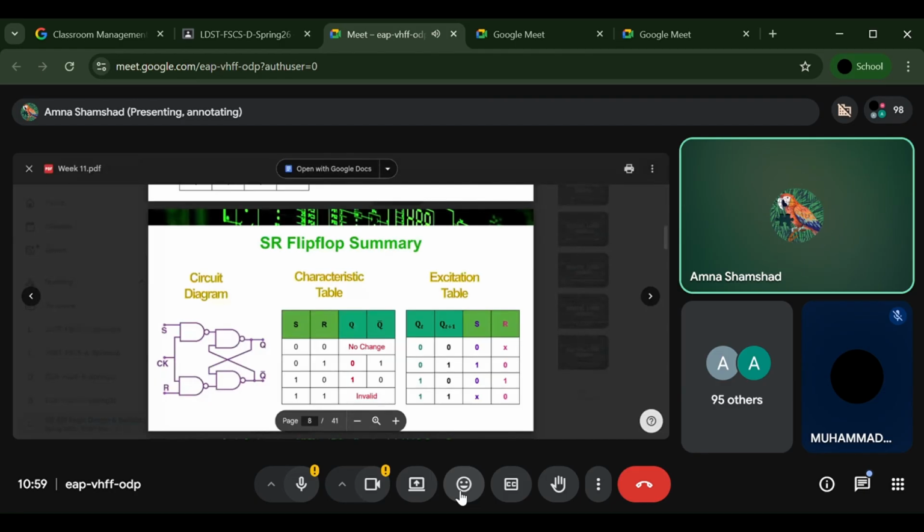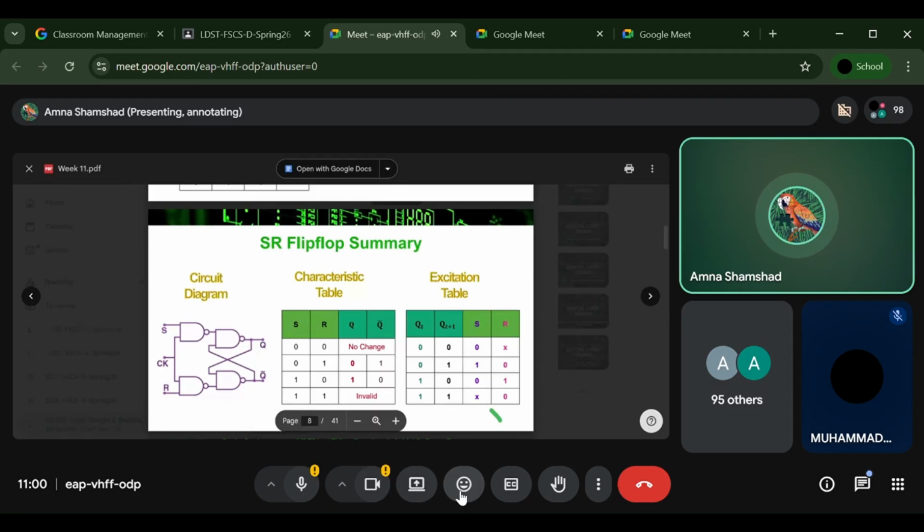So for these combinations we have 0 0 and 1 1. It means that S may be 0 or 1, but R is 0. In this way you have completed your excitation table. For all these combinations you have SR as 0 don't care, 1 0, 0 1, and don't care 0. Is this clear to all of you?